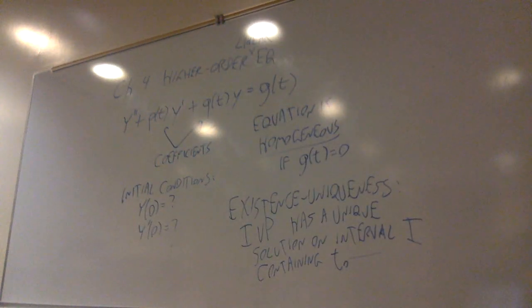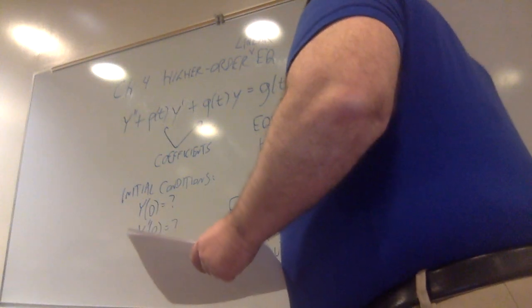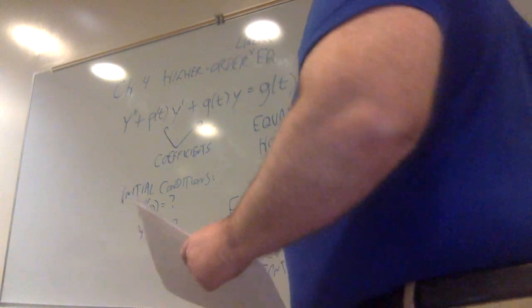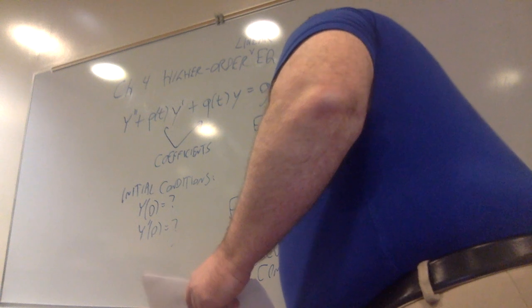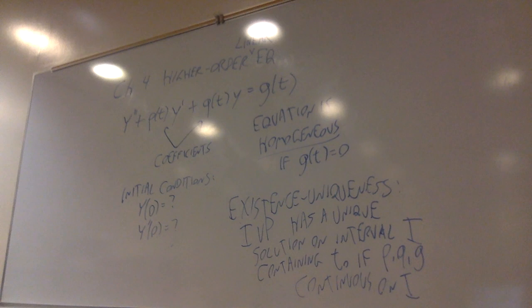Here I said t naught equal to 0, but whatever the initial time is, you have a unique solution on an interval containing that initial time, which is what you want anyway, if all the functions of t involved, p, q, g, are continuous on that interval. So for example, if p of t is 1 over t, then you have a problem at t equals 0, because it's not continuous, not even defined, let alone continuous there.